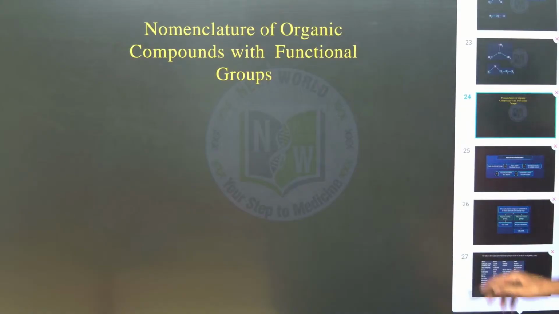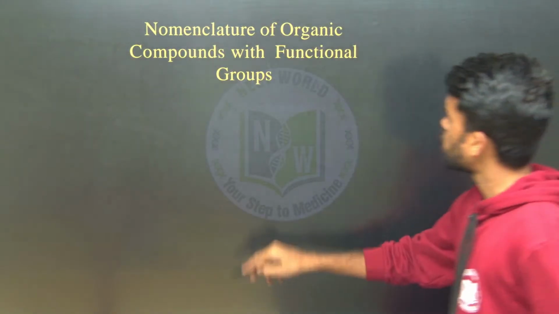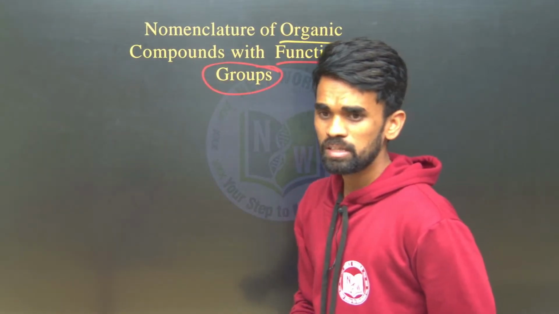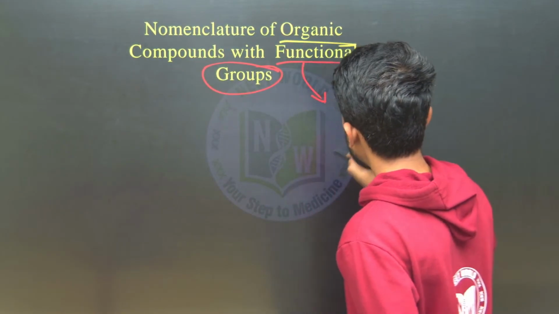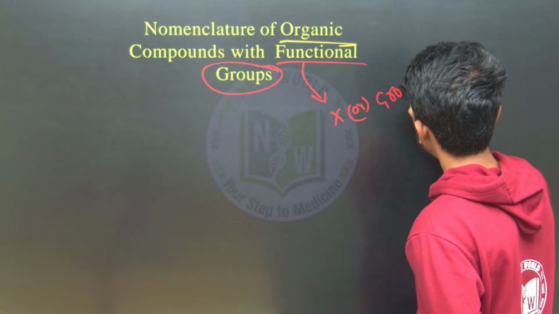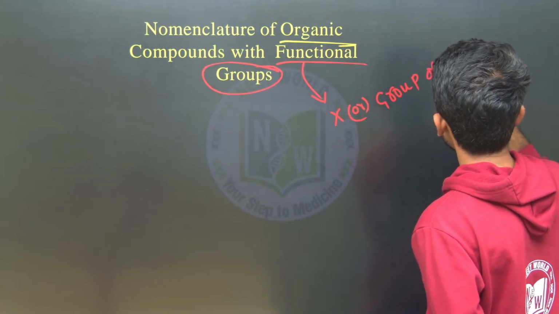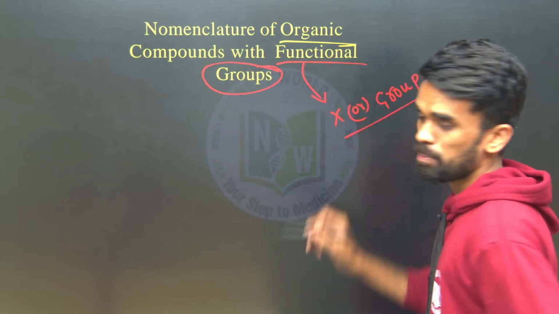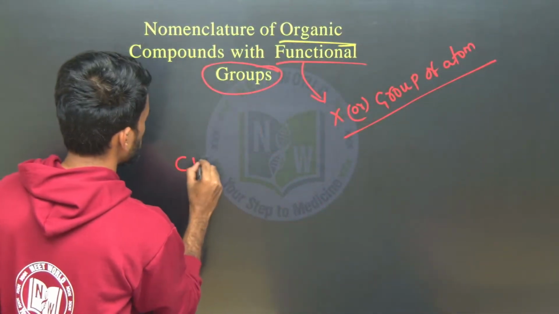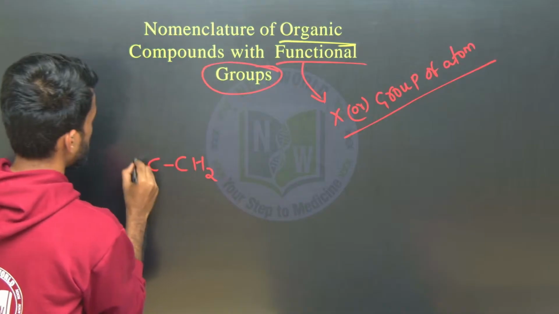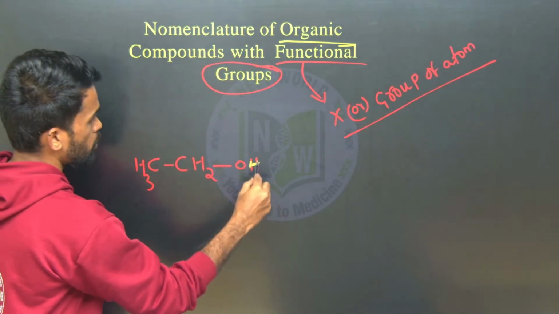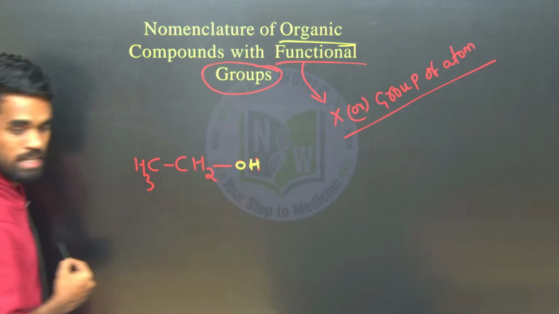Okay, look at this. Nomenclature of organic compounds with functional groups. So what do we mean by functional groups? A functional group is an atom or group of atoms that decides the characteristic property of a compound. For example, I am writing CH3, CH2, OH. Now you say this compound is an alcohol, ethanol.